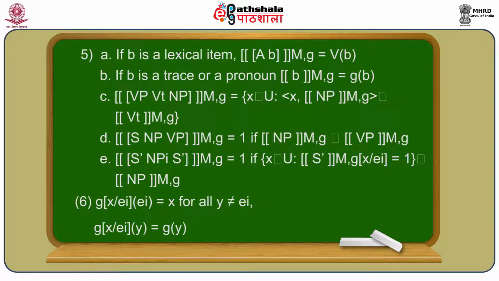For all y that is not e sub i, g of x slash e sub i assigns to y whatever g assigns to y. So g of x slash e sub i is an assignment function that's exactly like g, okay, except possibly in what it assigns to e sub i, and it has to assign x to e sub i.